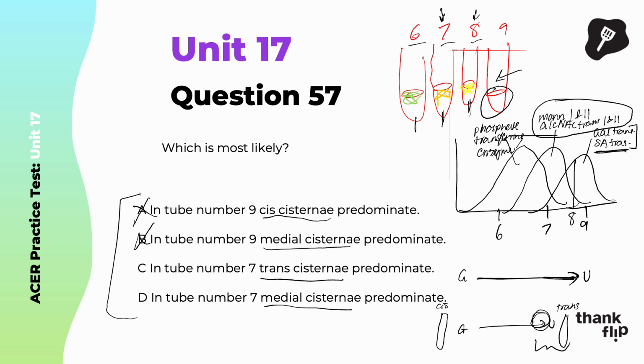And so these are the enzymes that are in the middle and the beginning aspect of this process, right? And so for tube number 7, you only have 2 options. It's either trans or medial. And so because it's not trans, as we just established, it's going to be medial. And so the correct answer is D.